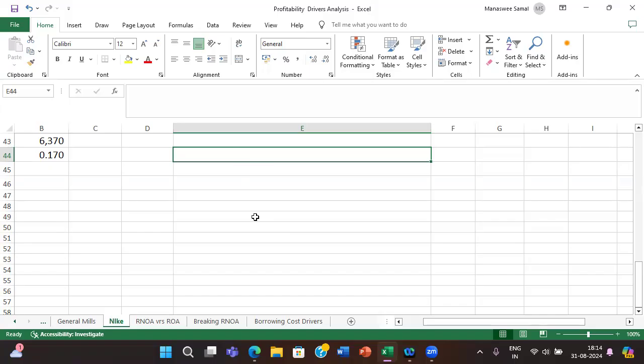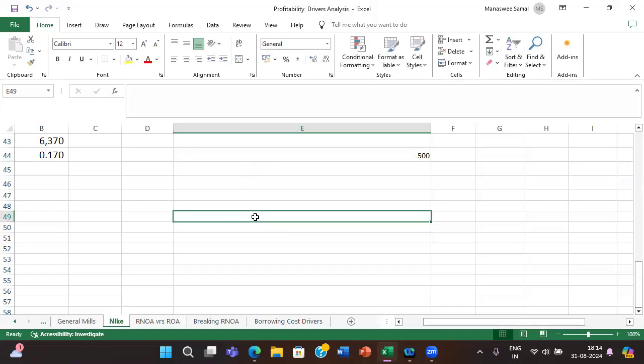So let us assume that I'm using 500 crores of trade payable. For HUL, Hindustan Unilever, this figure could be close to 7,000, 8,000 crore. Check it in the balance sheet of HUL. So 500 crore is the operating liability.